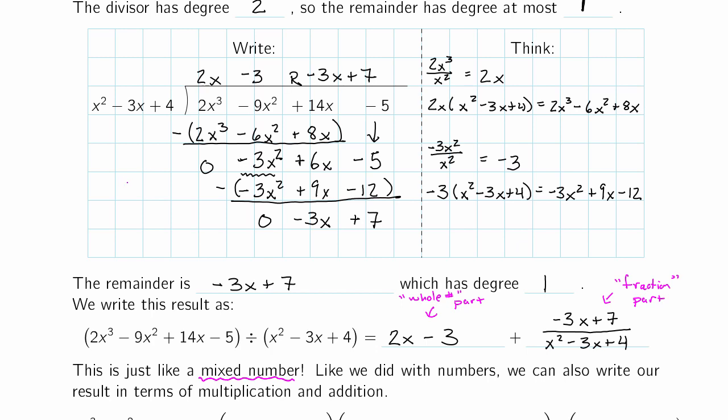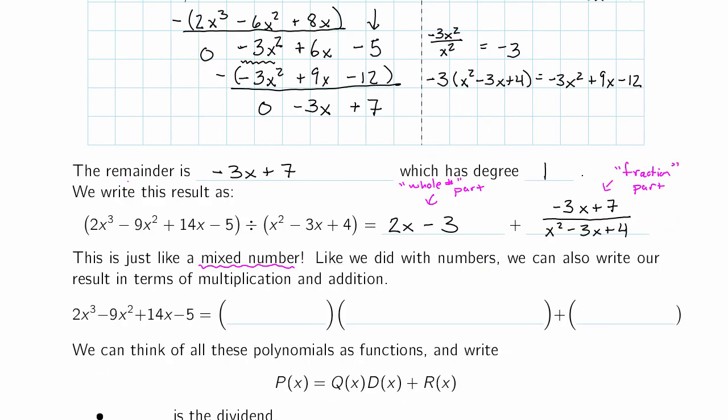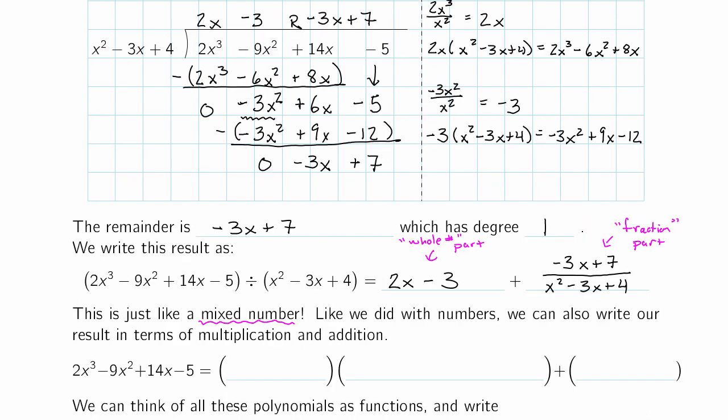We can also express this in terms of multiplying and then adding. So this division tells us that our original polynomial is what we get if we take our quotient times our divisor and add in our remainder.